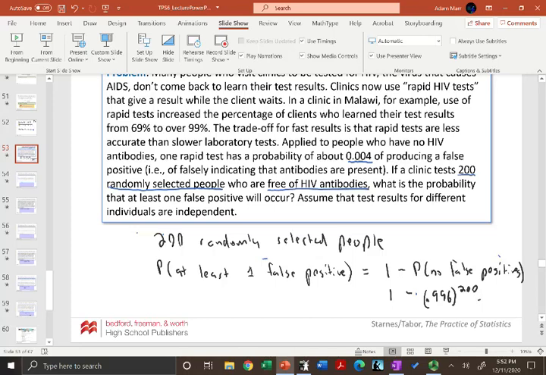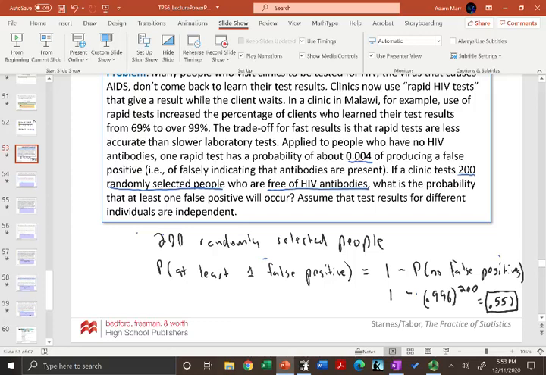So we calculate that. 1 minus 0.996 to the 200th power is 0.551. So there is my probability. The probability of having at least one false positive among 200 randomly selected people free of HIV antibodies is 0.551.